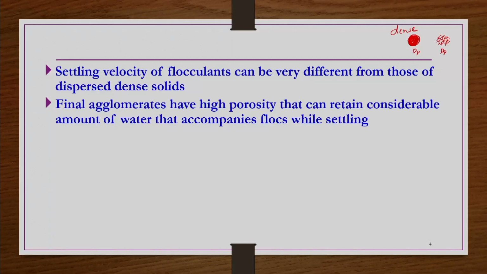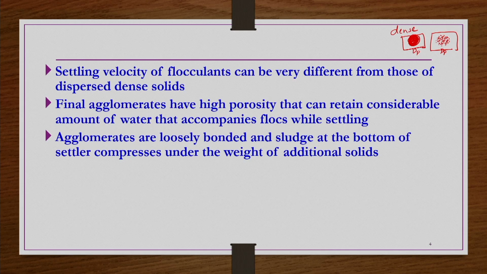Those interstitial spaces are occupied by the water or liquid in which they are settling. Because of this, the effective volume of the particle in the case of flocculants is lesser compared to the dense particle of the same size. That is the reason their settling velocity can be very different from those of dense particles.